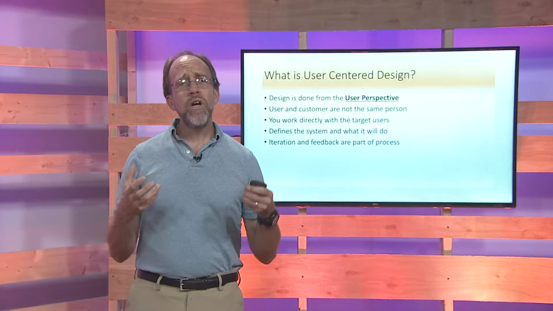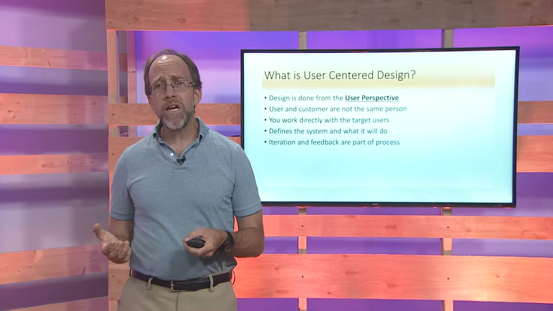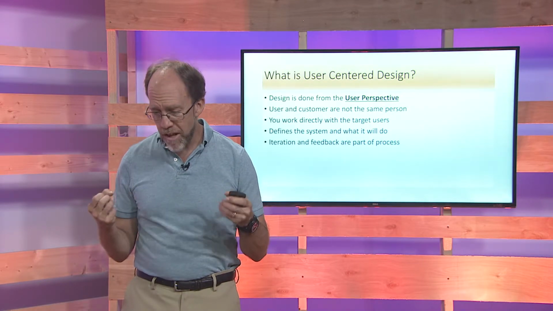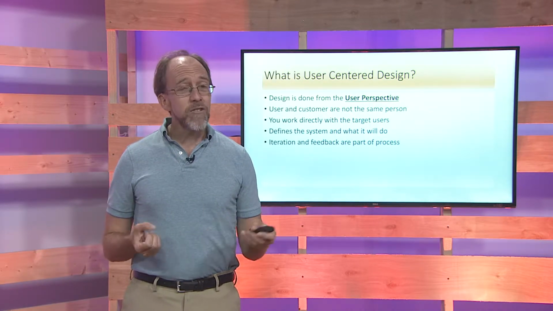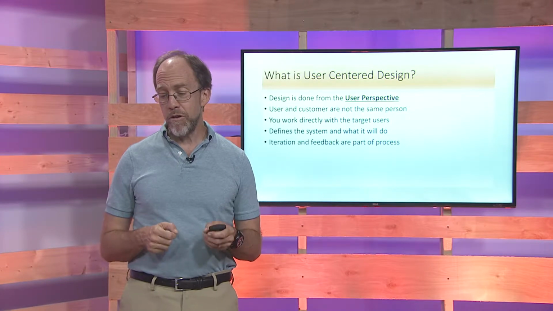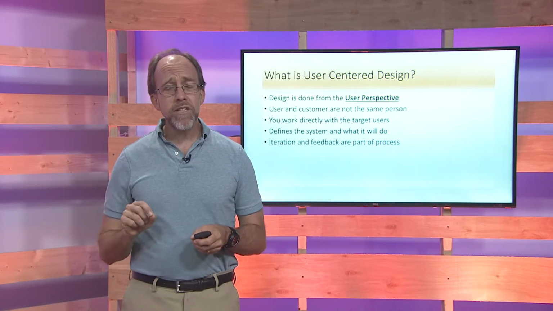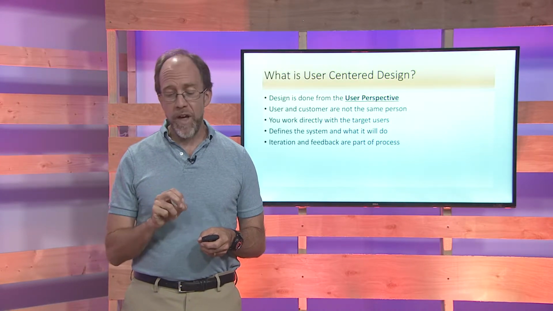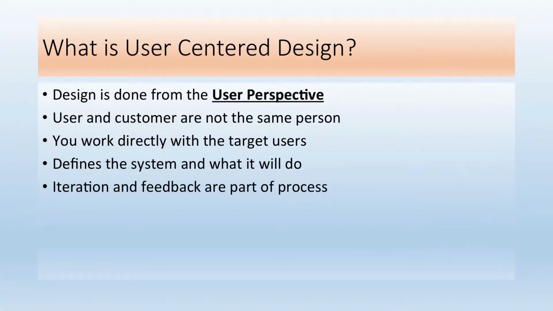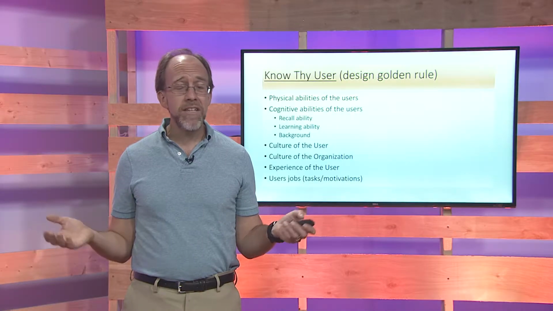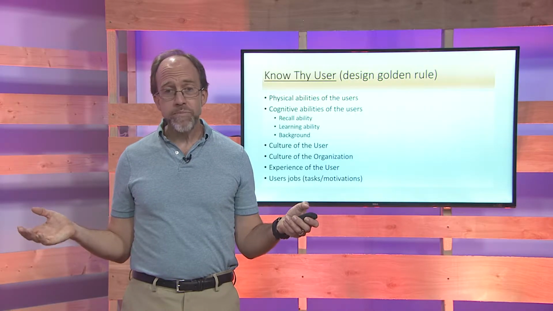To understand the user perspective, you've got to be able to understand the user. And there are a lot of things about understanding the user that can be very important, such as understanding the difference between a customer and a user, and a customer may not be the user. But in user-centered design, feedback is one of the crucial things, and you work with the users, and iteration is an important part. So the golden rule of user-centered design: know thy user.